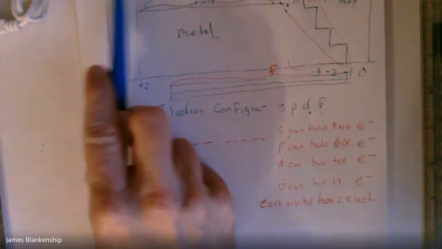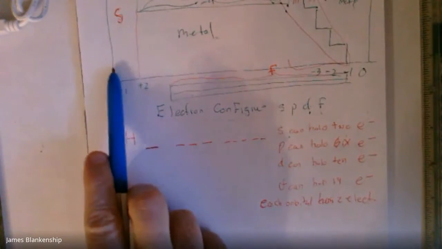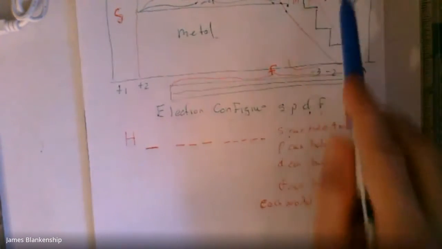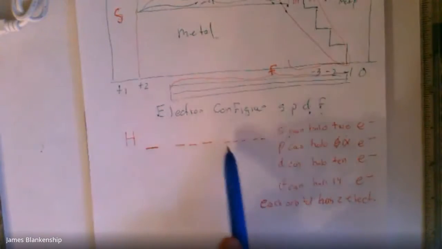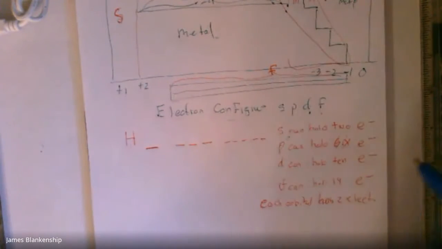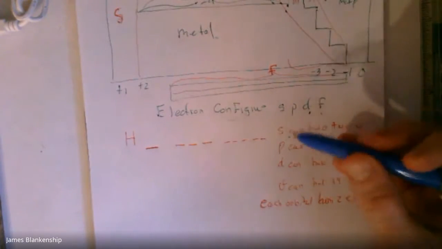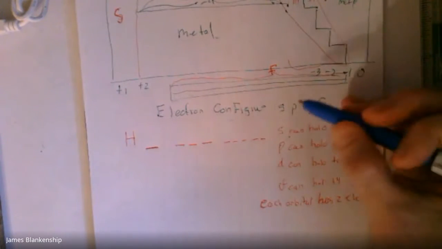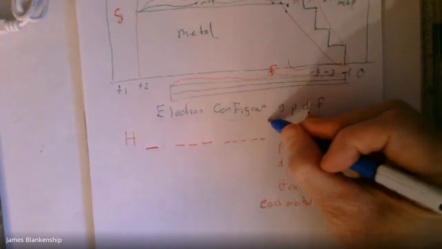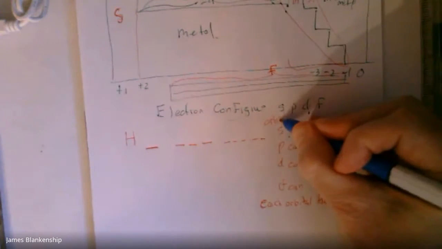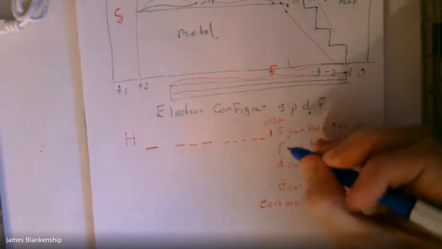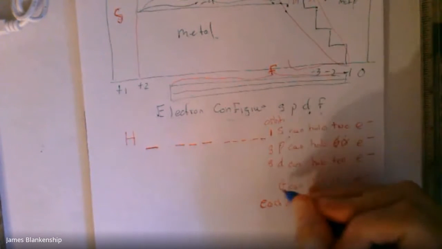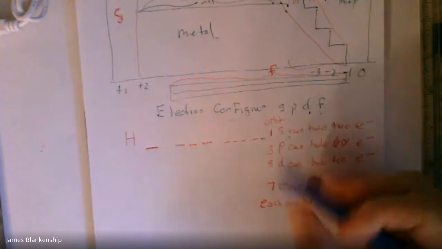So you have 2 columns here because you have 1 s orbital, you have 3 p orbitals, 5 d orbitals, and 7 f orbitals. If you think about this, your number of orbitals is just a series of odd numbers. So our orbitals for each one: s is 1, p is 3, d is 5, and f is 7.